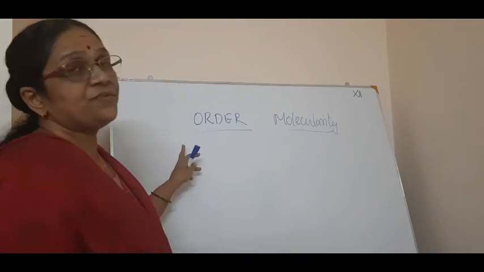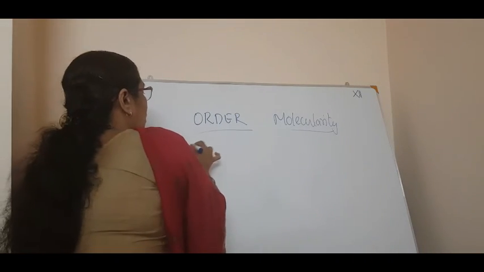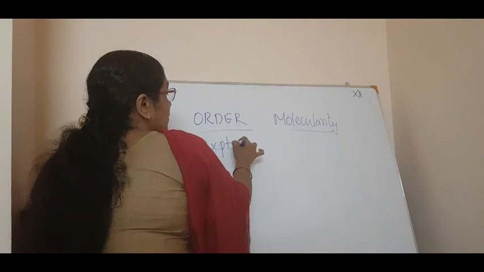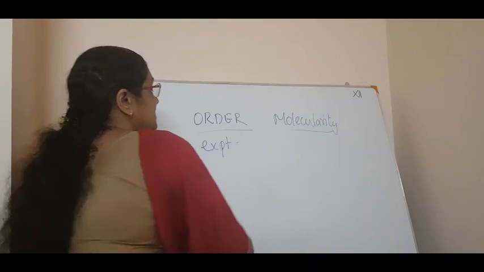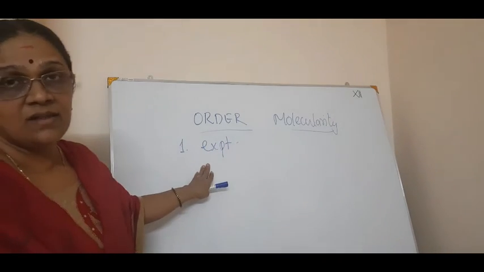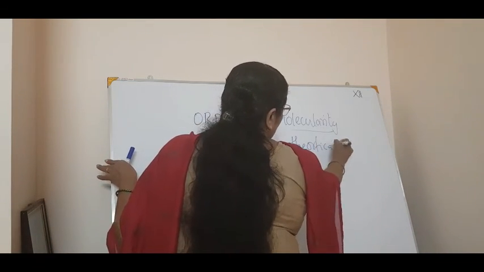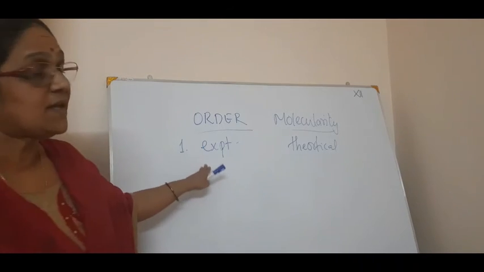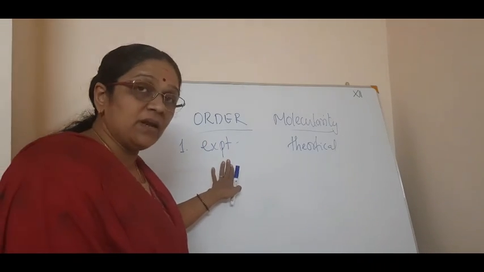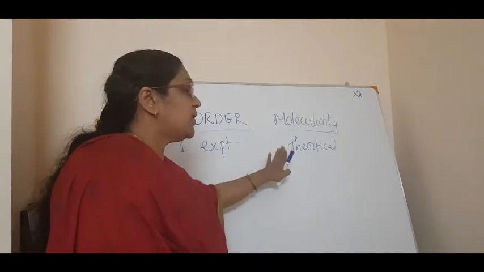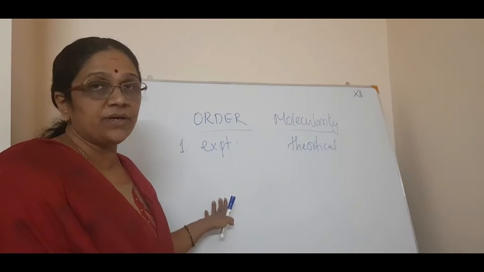The first difference is, order is an experimental quantity, whereas molecularity is a theoretical quantity.